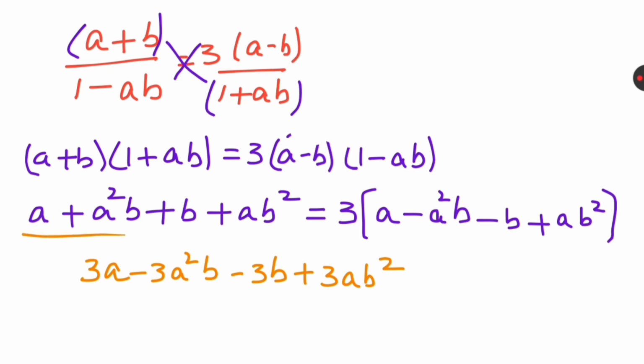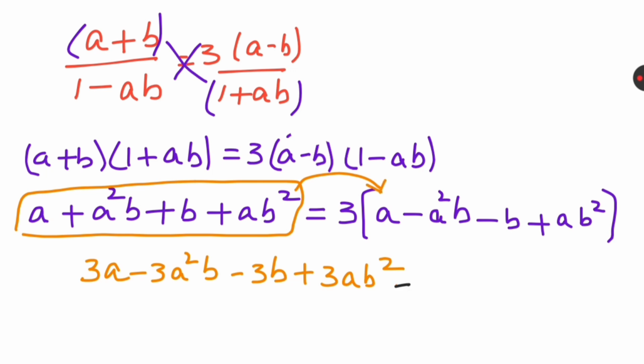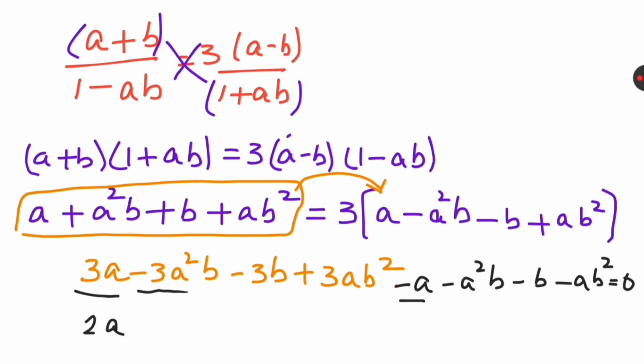Now this left hand side term, if you take it to the right hand side, it is going to be minus a²b minus b minus ab², equal to 0, plus 3a minus a which is plus 2a, minus 3a²b. Here we have minus a²b which is minus 4a²b.